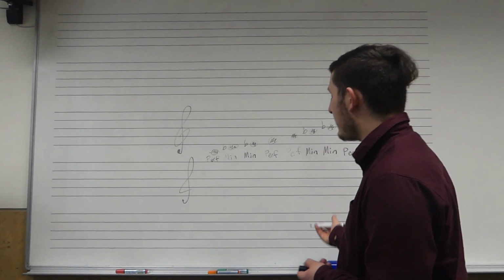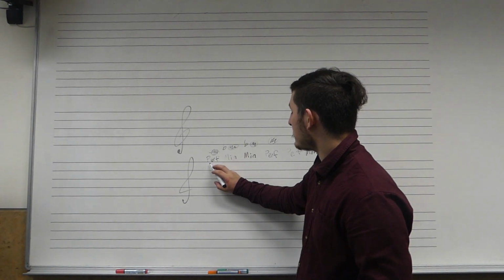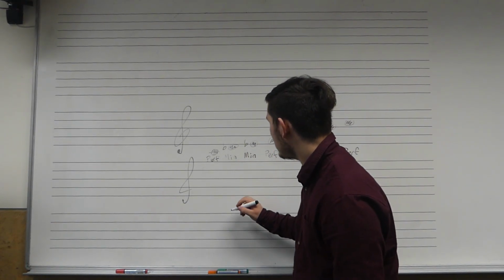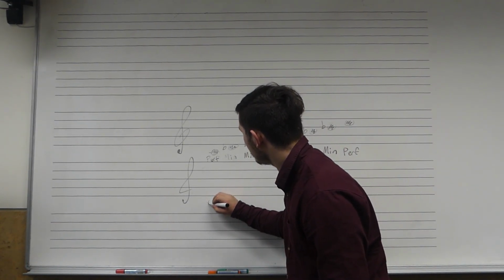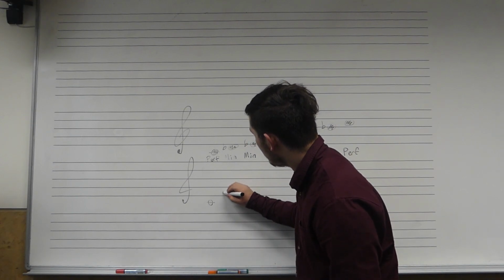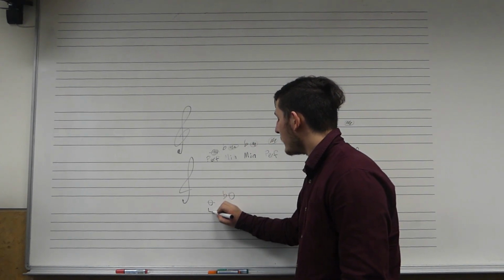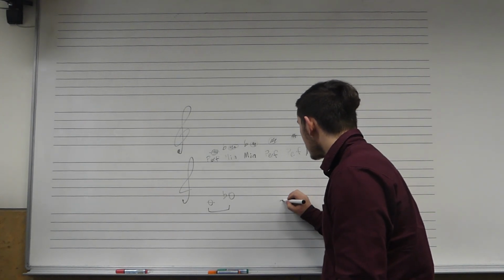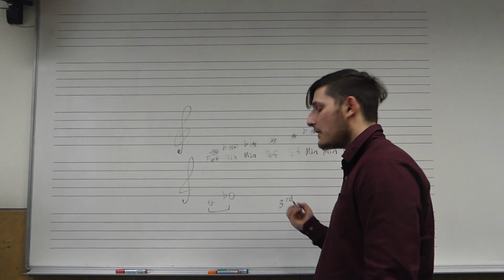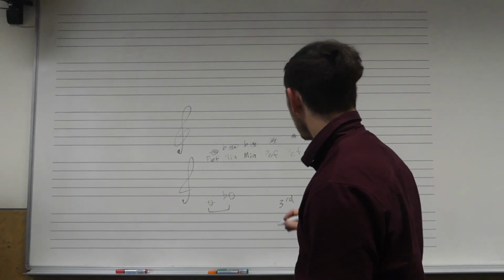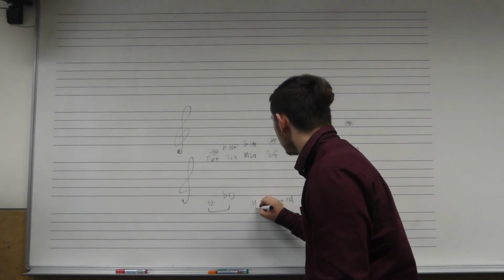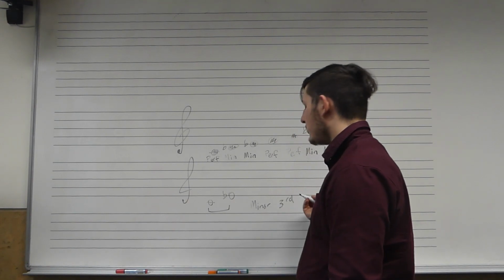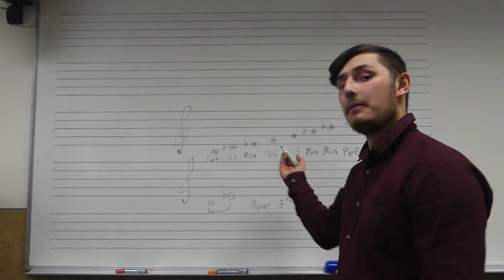So then, if we have from C to E flat, we still have an interval of 3, so it's going to be a third, but instead it's going to be a minor third instead of a major third.